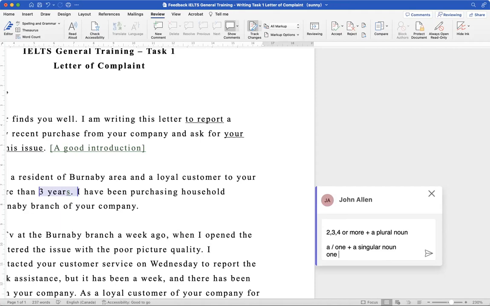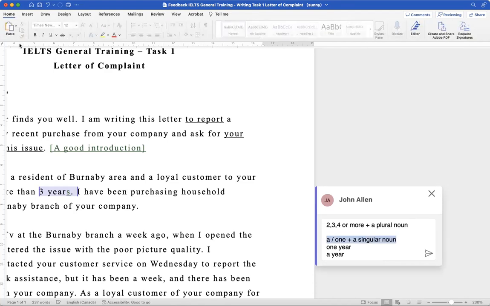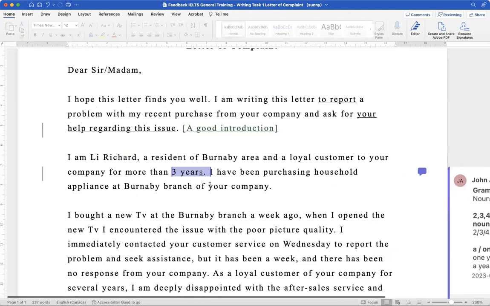So you can say 1 year or you can say a year, but you should say 2 years, 2 or 3 or 4 or more years, because it is plural. In the IELTS test, such basic mistakes will cause an examiner to deduct your scores, to lower your score. So you need to be careful about singular plural forms.